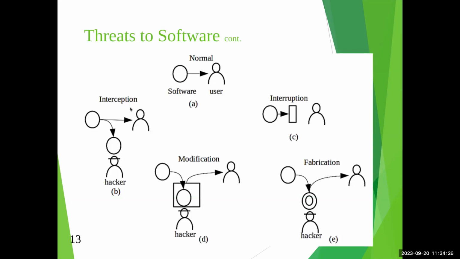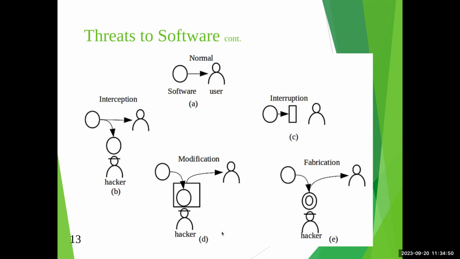That is called interception. Next is interruption. The software is available, the user is available, but the user can't access the software. It is blocked. Someone has blocked it. That is interruption.